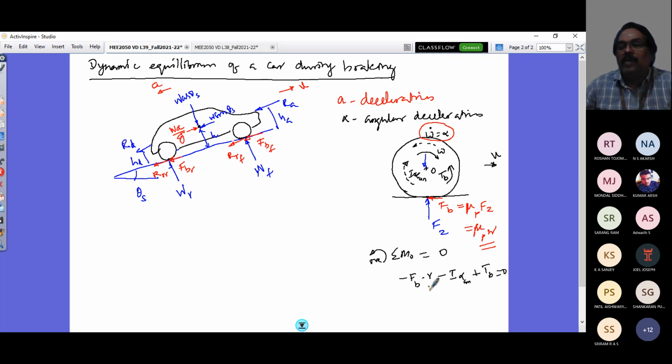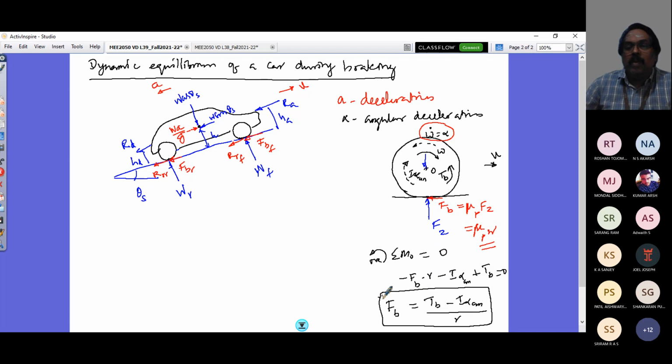So these three moments equating to 0 give me my braking force FB. If I take it to the other side, FB is equal to TB minus I alpha, divided by R. That gives the magnitude of the braking force.